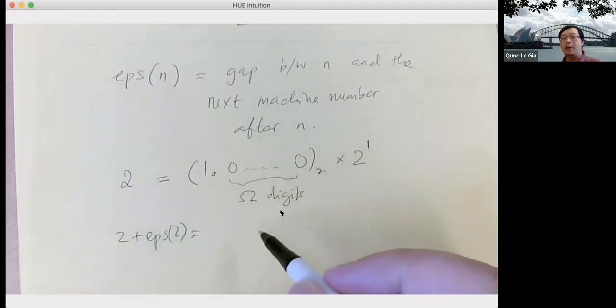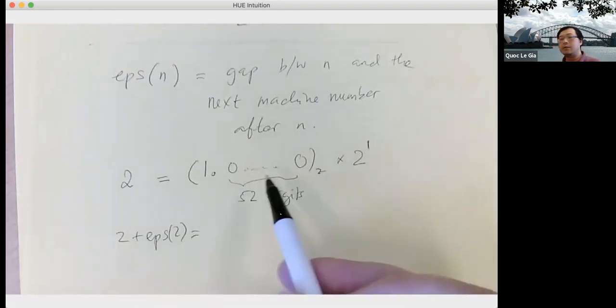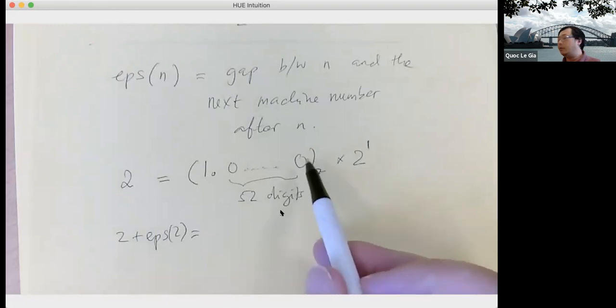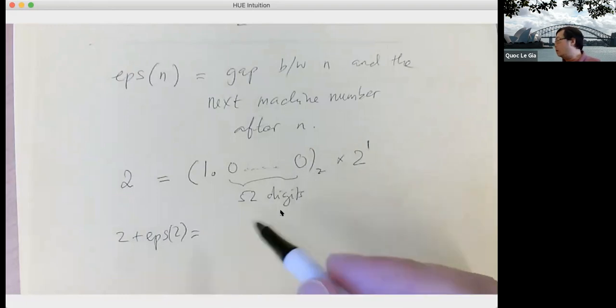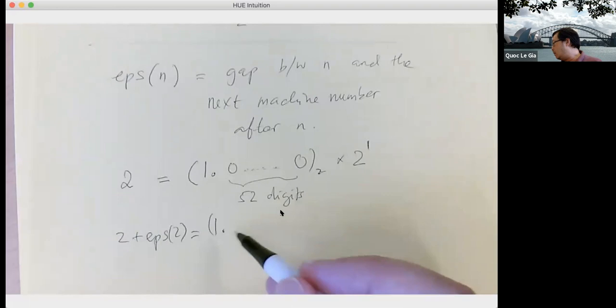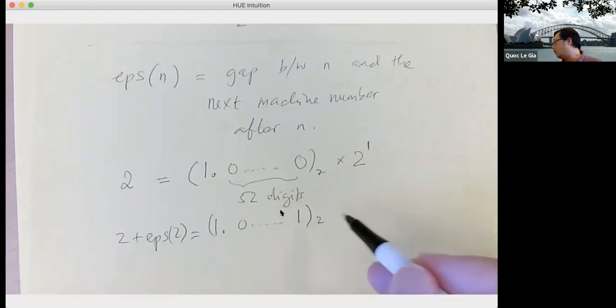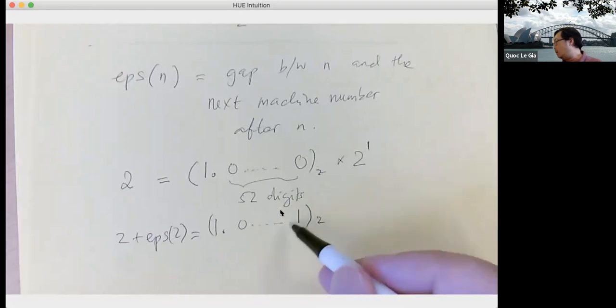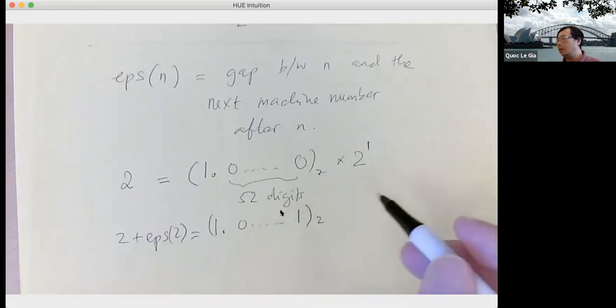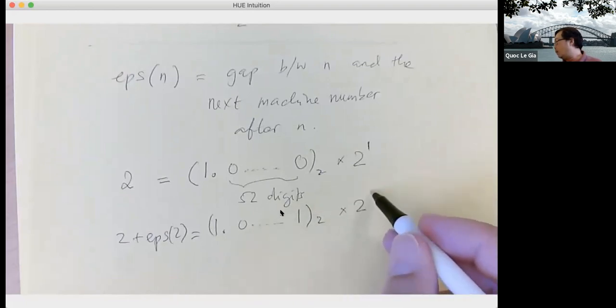So 52 digits. Then 2 plus epsilon of 2 is, think of your car odometer, you just turn on the last digit. So 0, dot, dot, dot, and the last one becomes 1, and in the middle all of them are zeros, multiplied by 2 to the 1.